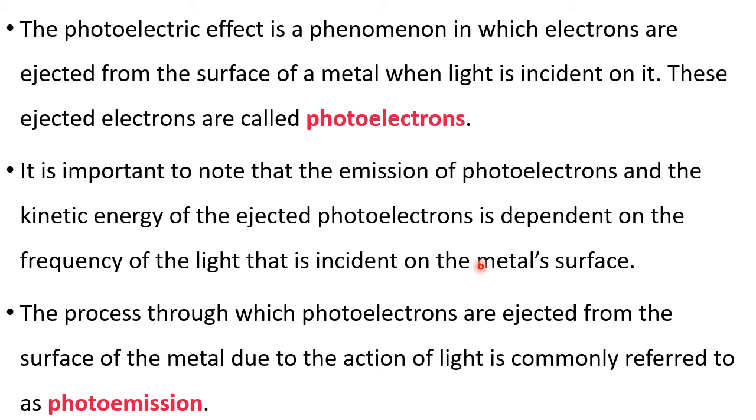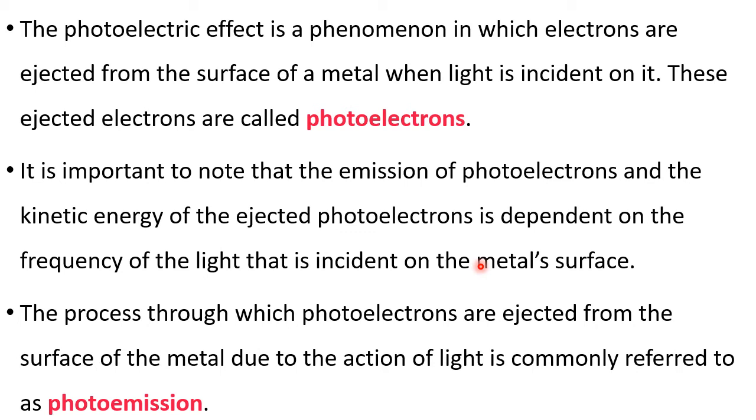If you remove the proportionality sign, E is equal to h into nu. h is the proportionality constant, known as Planck's constant. It is the work of Max Planck. Whenever we multiply Planck's constant and the frequency of the light, we get some energy, and that energy should be more than the energy between the nucleus and the electron. Then only electrons are ejected, otherwise no. That is the meaning of the statement.